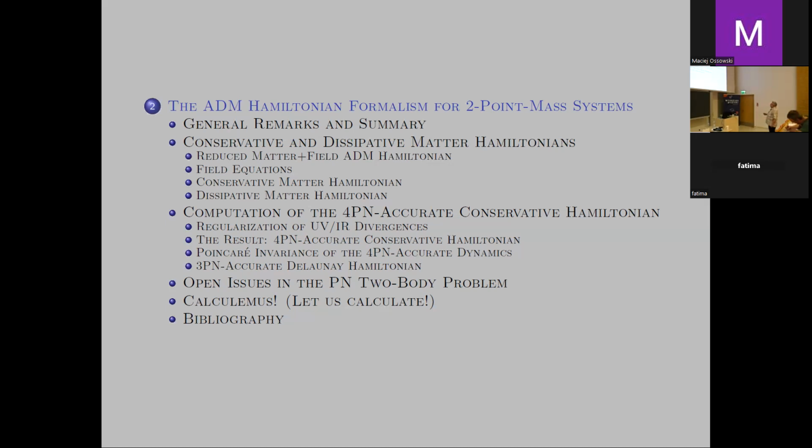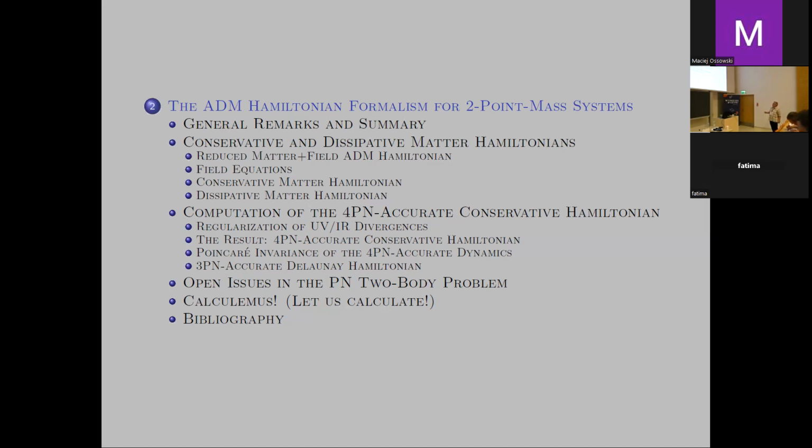Okay, so I will start from some general remarks and summary. Then I will show you how conservative and dissipative matter Hamiltonians can be computed within the formalism. Then there will be some more technical stuff, but without this, nothing can be computed, unfortunately. So some information about the regularization of ultraviolet and infrared divergences, but I will also mention the beautiful check of the results, namely Poincaré invariance of the obtained results.